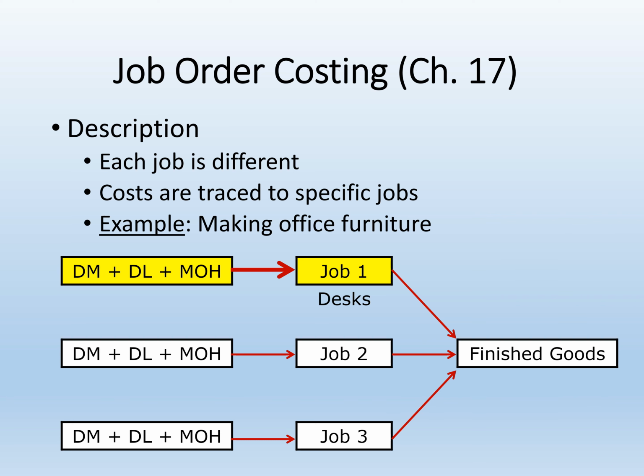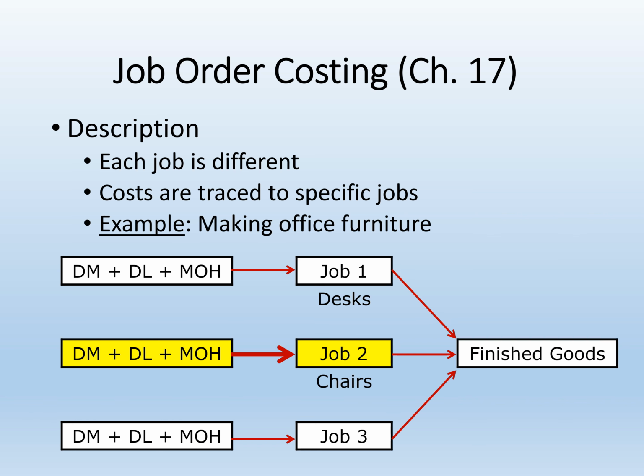If job 1 consists of a bunch of a particular model of desks, the materials and labor and overhead that are needed for that specific model flow into the manufacture of those units. And when the units have everything that they need to be complete, they leave the production floor and are moved to the finished goods warehouse.